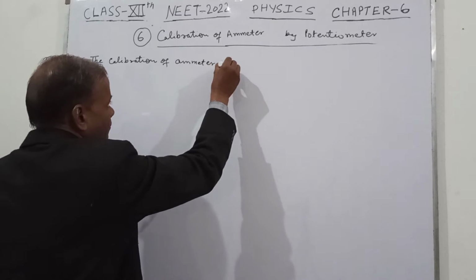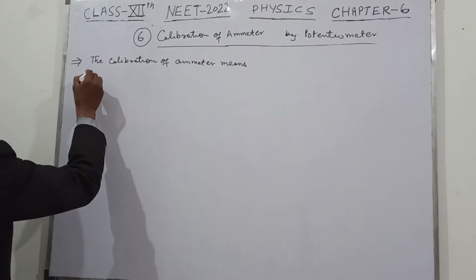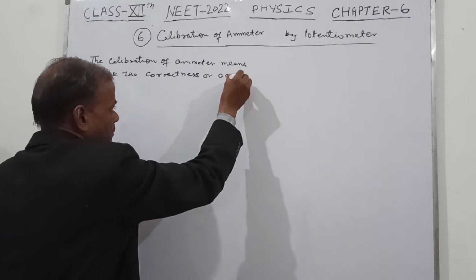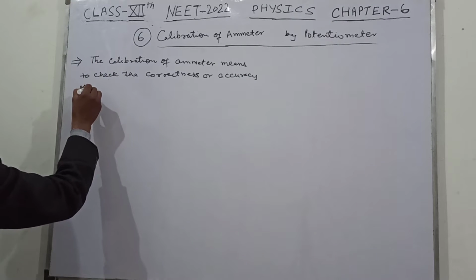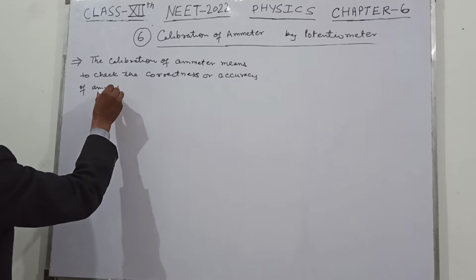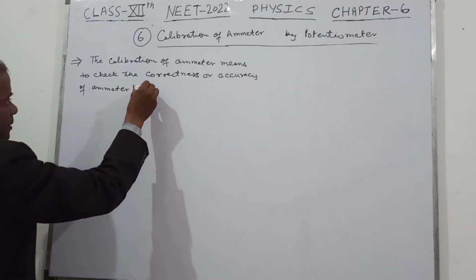The calibration of ammeter means to check the correctness or accuracy of ammeter by potentiometer.